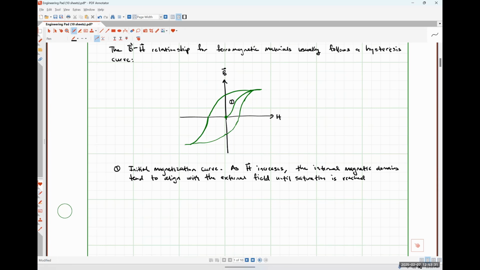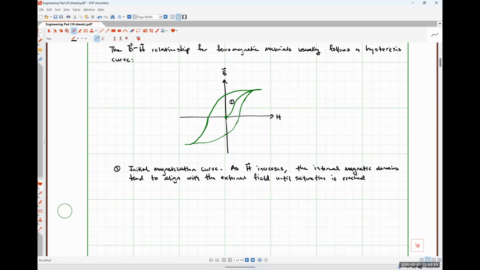That occurs because we can only make our magnetic domains, like the best we can make them is parallel with the external field. So at a certain point, all of our internal magnetic domains will be parallel with that externally applied field. And if we increase the current, we can't make them any more parallel than they already are.